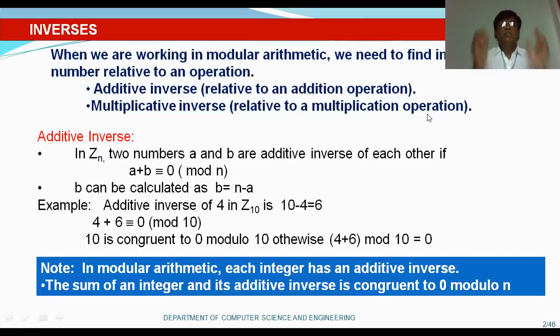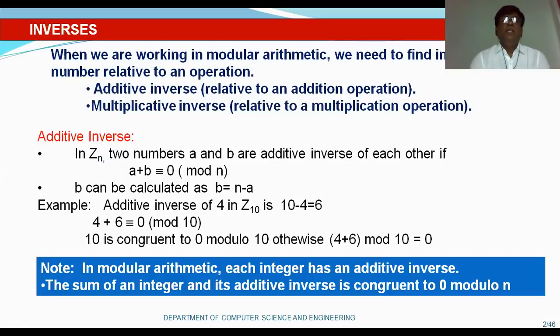Its meaning is that the sum of a number and its inverse should be congruent to 0 modulo n. That means we should get a 0 remainder after dividing a plus b by n.